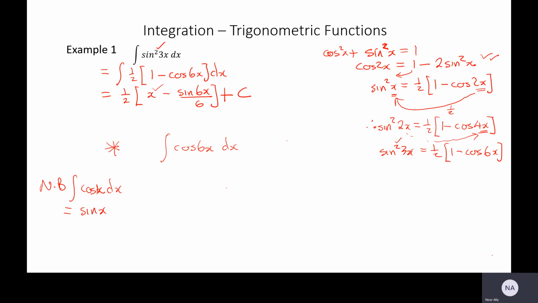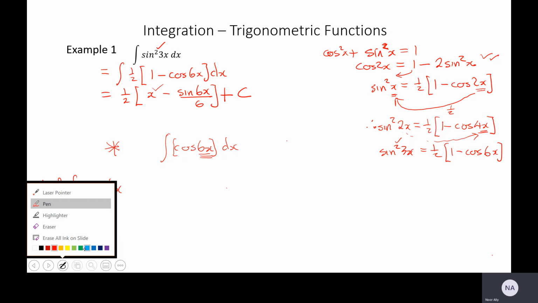In other words, as soon as this is not the standard 1x, then you make that u mentally. Then find its derivative. The derivative of 6x is 6. But outside of cos of 6x, you don't see 6 at all. But you would like to insert the 6.